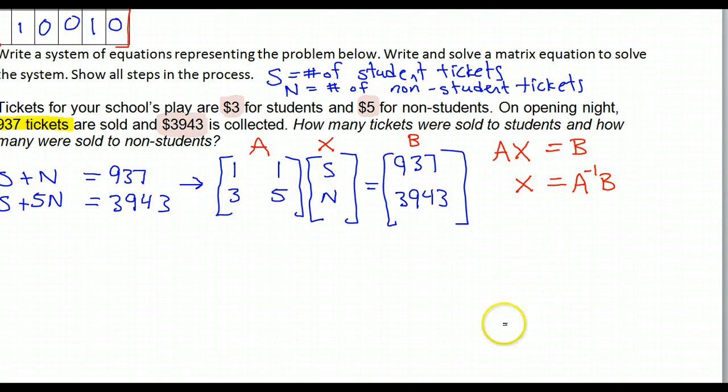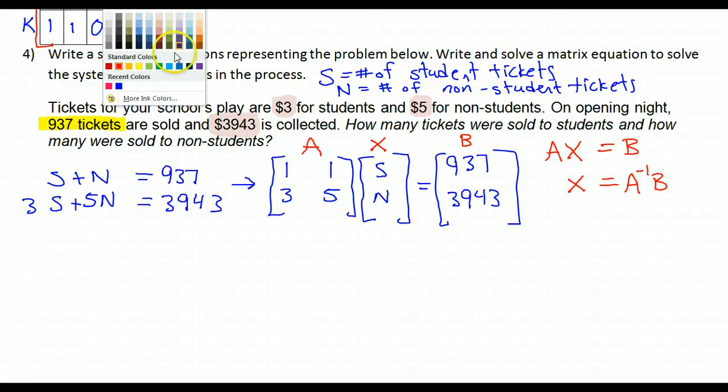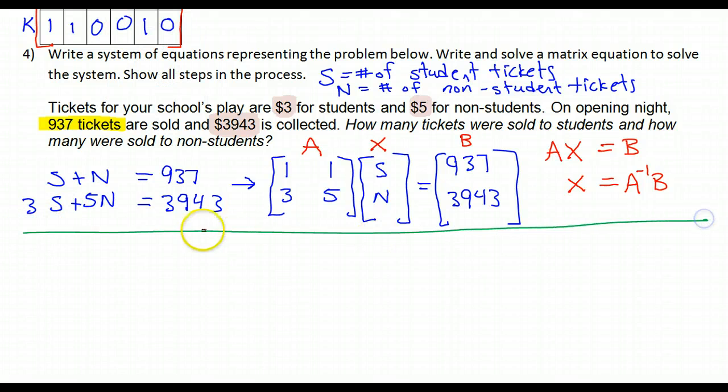So, if I want to do A inverse times B, obviously I need A inverse. So, off to the side, I'm going to calculate A inverse. Okay, so I'm just going to draw a line for a minute. So off to the side over here, I'm going to find A inverse.